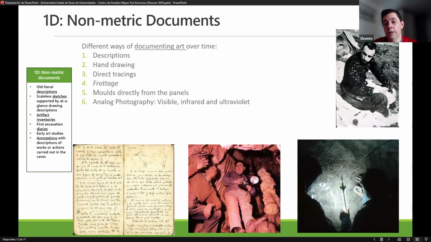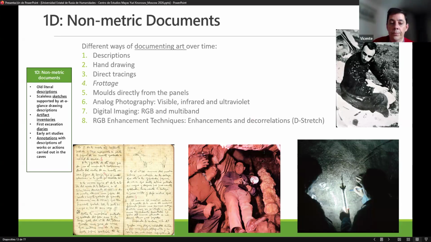And later, in the 60s, arose analog photography with visible light, infrared light, ultraviolet light. 60s, 70s, 80s, it was the moment. 50s even. There are some pictures taken in the 50s in Altamira. The first picture taken in Altamira was in the 20s, but it has disappeared. Later, in the 1990s, came digital imaging, color, RGB or multiband cameras.